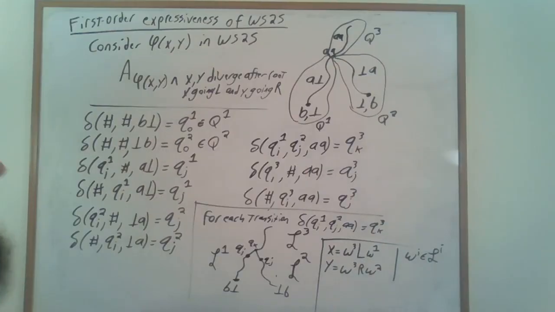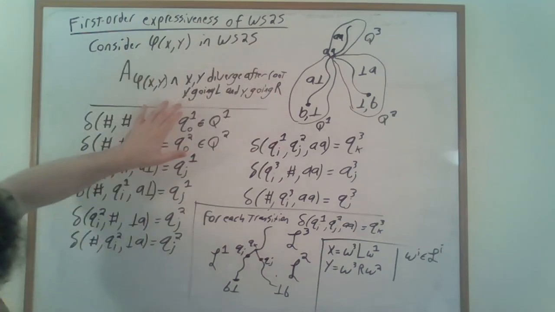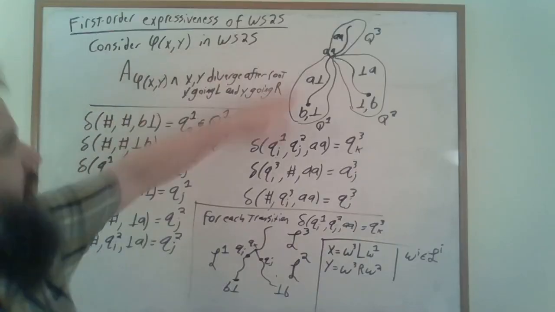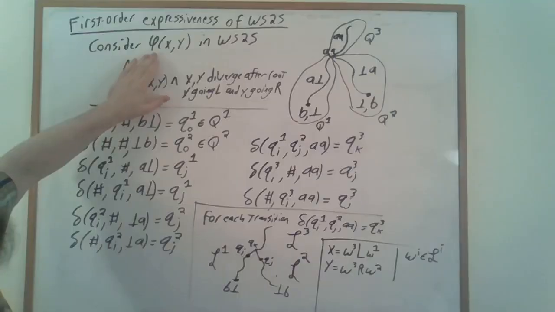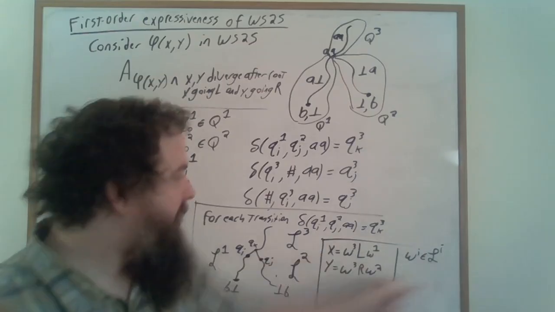So the set of all pairs x and y whose encodings as tree words are accepted by this automaton here, that is, the set of all pairs x and y that satisfy phi, is going to be some finite union of sets of this form.